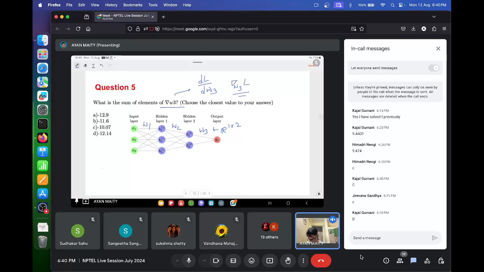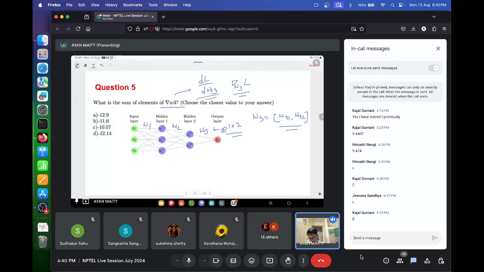So W3 is a 2 by 1 matrix, so it can be written as W31, W32. As W3 contains two elements, the derivative of the loss with respect to W3 would also contain two elements, so that would also be a vector.